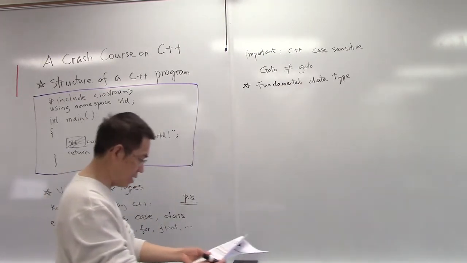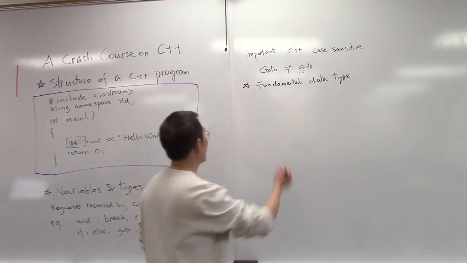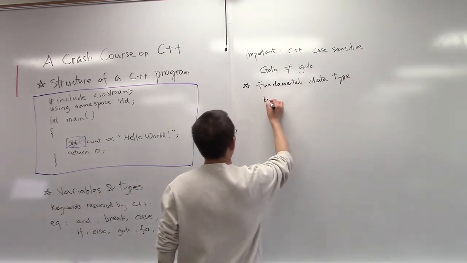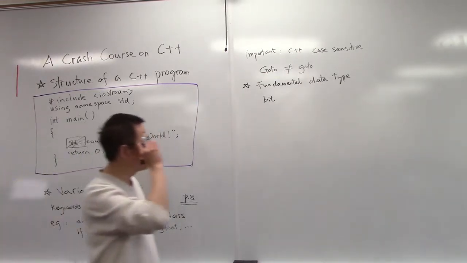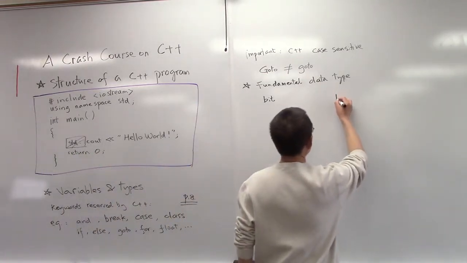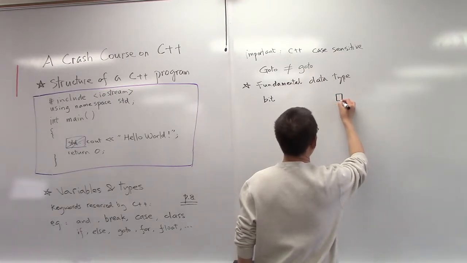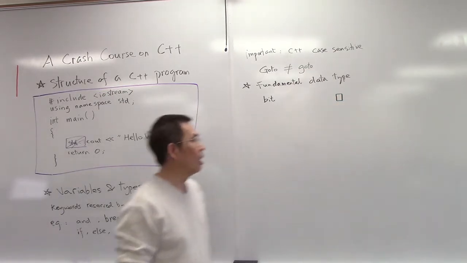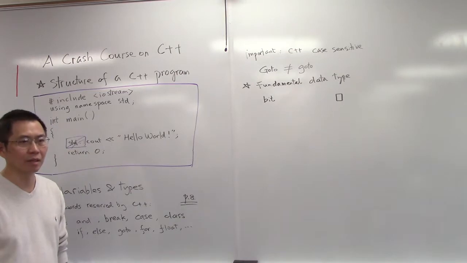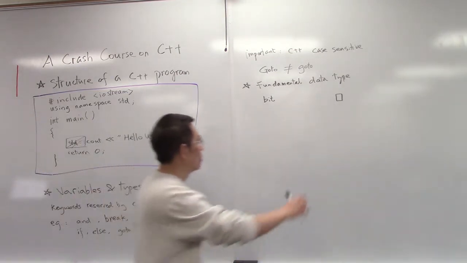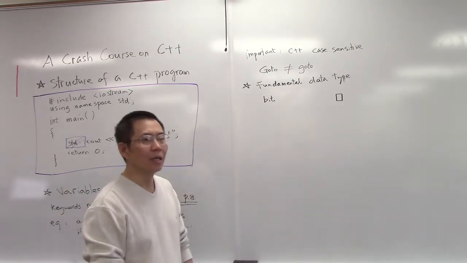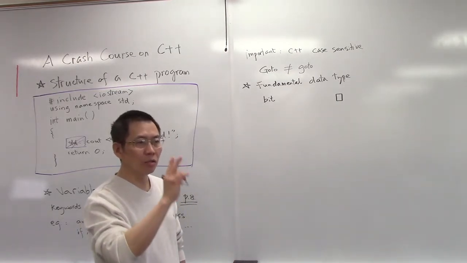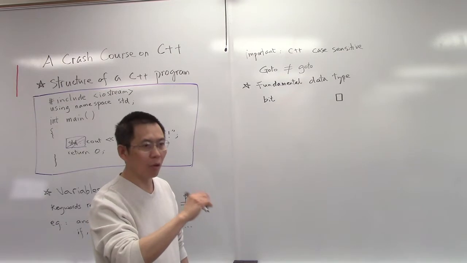To understand that, we need to understand the basic concept of a bit. What is a bit? Well, a bit is the most fundamental one memory space. If I draw a square like that, that is 1 bit. It can only store 2 different values, either 0 or 1.